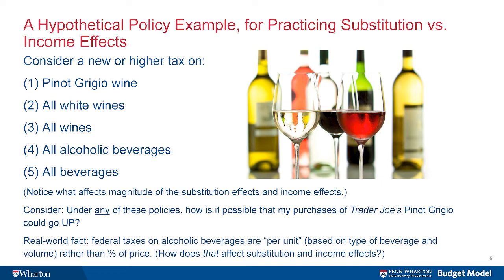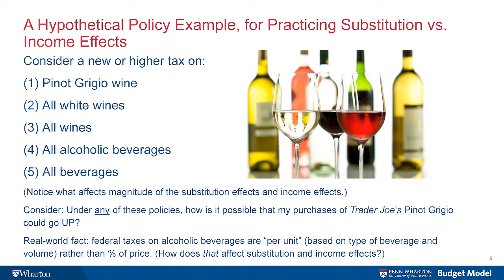And this is an interesting side note: in the real world, federal taxes on alcoholic beverages are per unit. So they're based on the type of alcoholic beverage, like whether it's beer or wine or distilled spirits, hard liquor, and the volume. So it's a standard tax per 6-pack of beer rather than a percent of price.